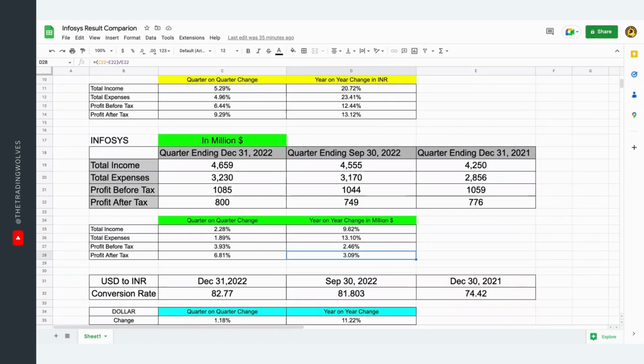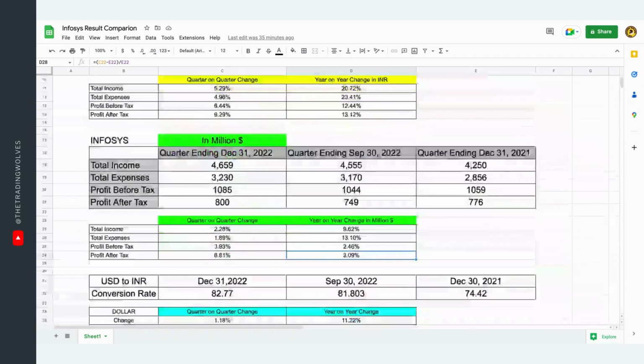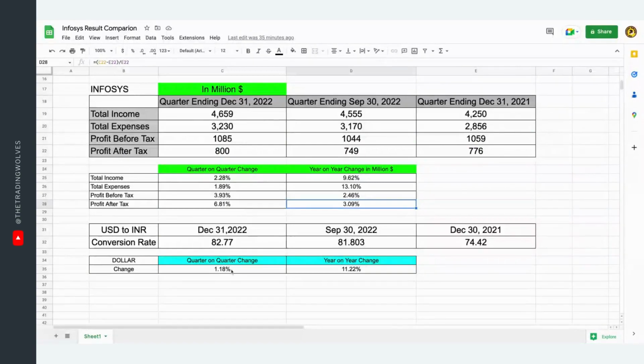Now let's look at how the US dollar to INR conversion rate has deteriorated, or how much the rupee has devalued in comparison to US dollars. So if you look at this table, it shows the value of $1, which on 31st of December was 82.77 Indian rupees. However, 1 year back it was 74.42 Indian rupees. $1 was equal to 74.42 Indian rupees.